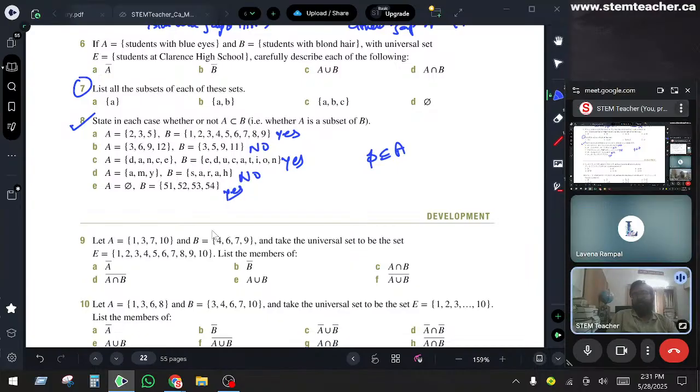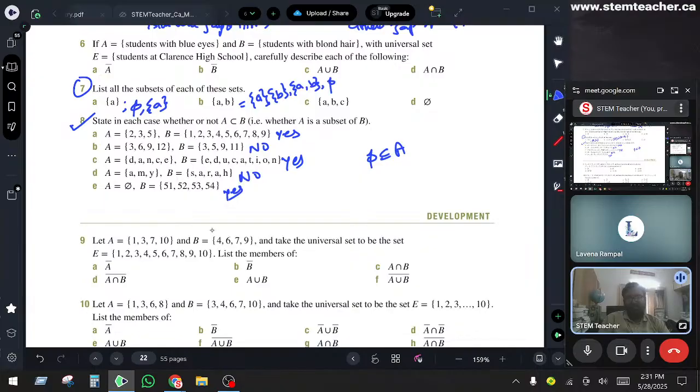What are the possible subsets of A? One is empty, one is the singleton A. That's it. But see here, the possible subsets are A, B, AB, empty. So there are four possible subsets of AB.